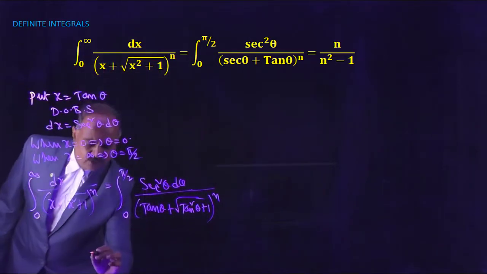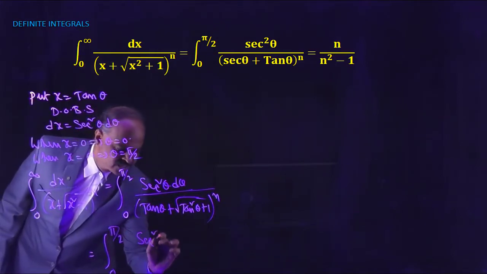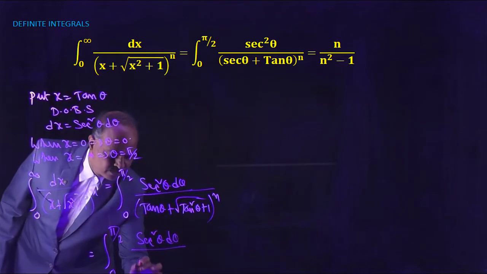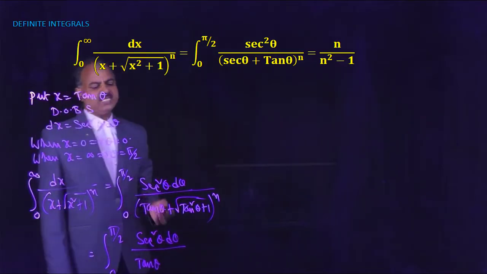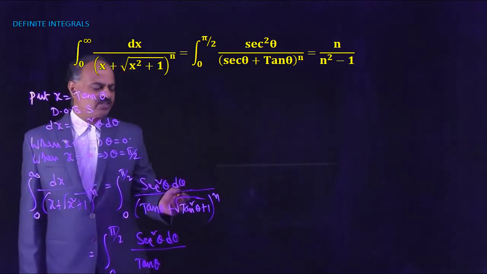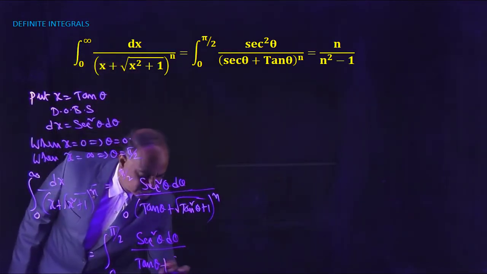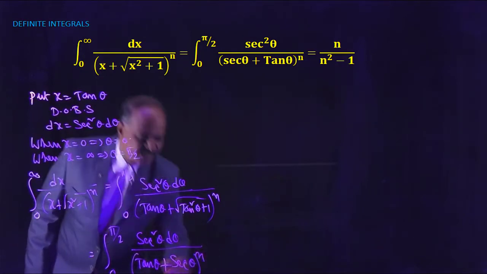Now this is equal to integral 0 to pi by 2 secant square theta d theta by (tan theta plus square root of 1 plus tan square theta, which equals secant square theta). So root over secant square theta is secant theta, whole to the power n.